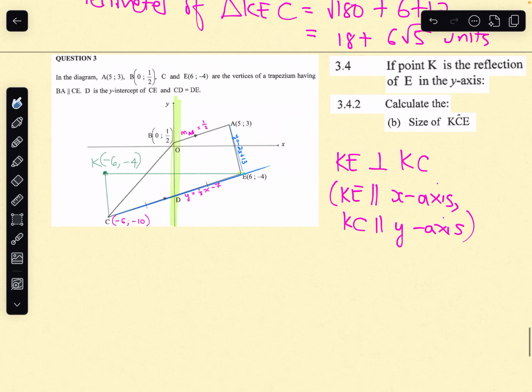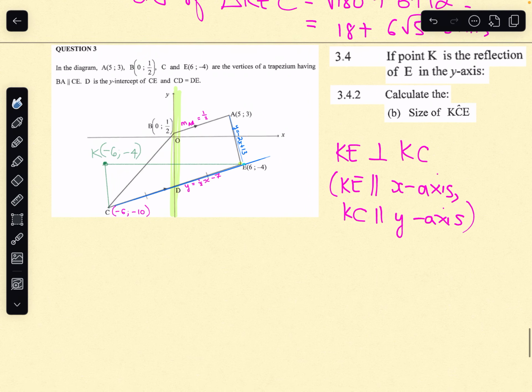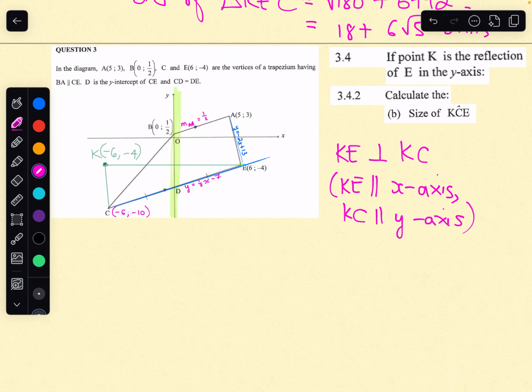Right, and so therefore, what are we looking for? KCE. Let's just do that in another color. This is the angle we're interested in. We can use any of the sides that we know. I'm going to use the ones with the whole number length.